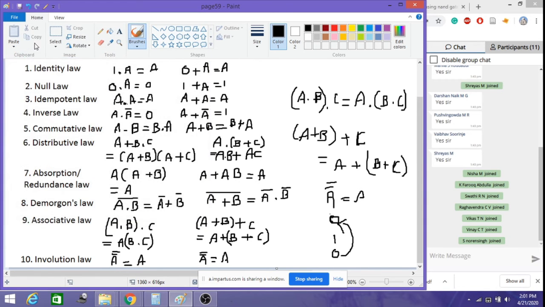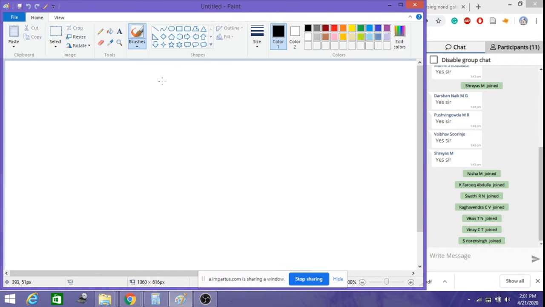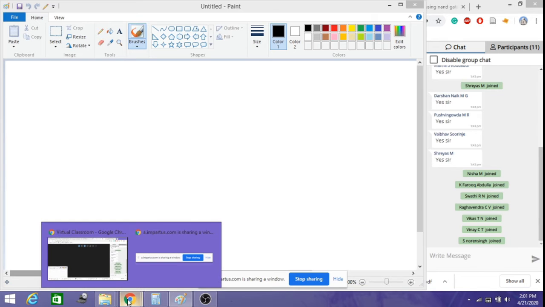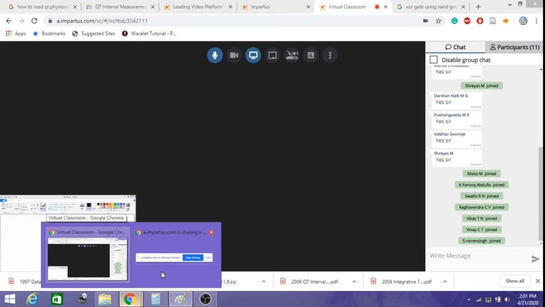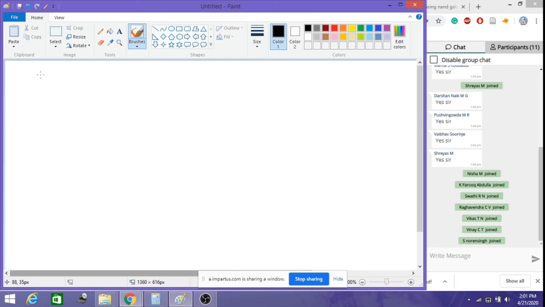So I'll shift this page, go to the new page here. So here we have to prove A plus B into C is equal to A plus B into A plus C. Now while solving these kinds of logical expressions, we have to use all the Boolean theorems that we have discussed before.